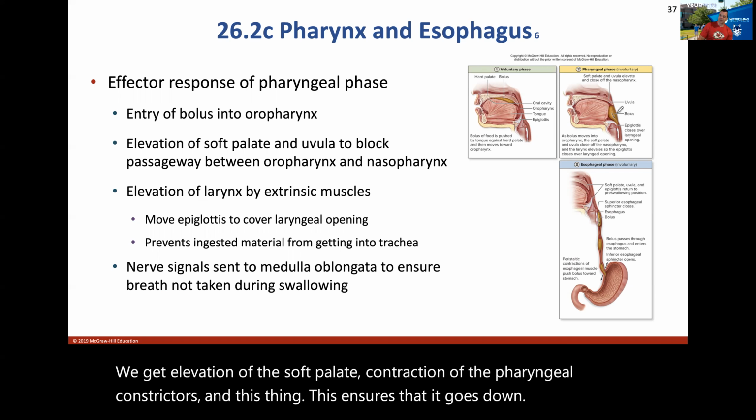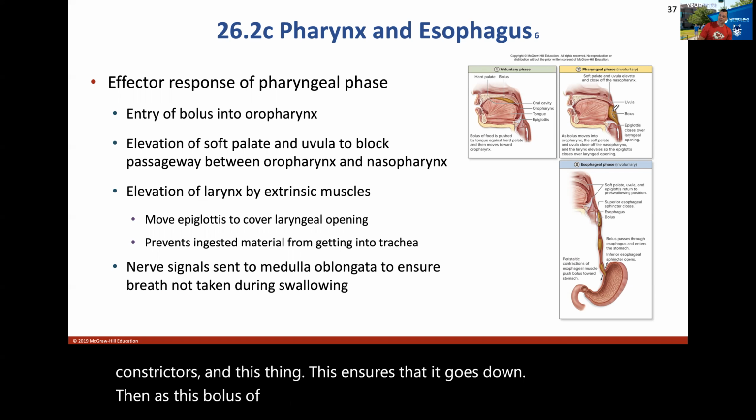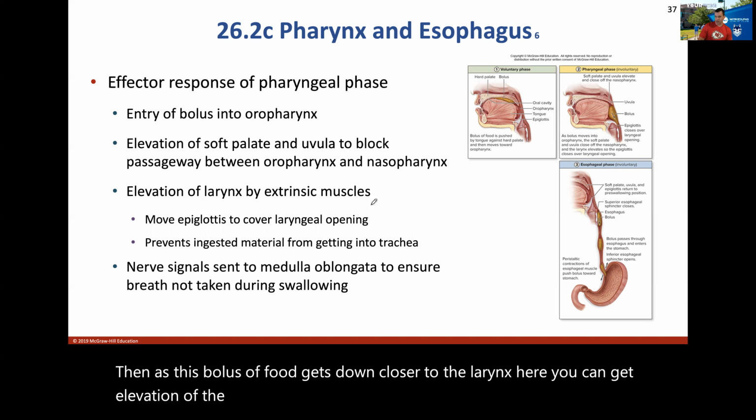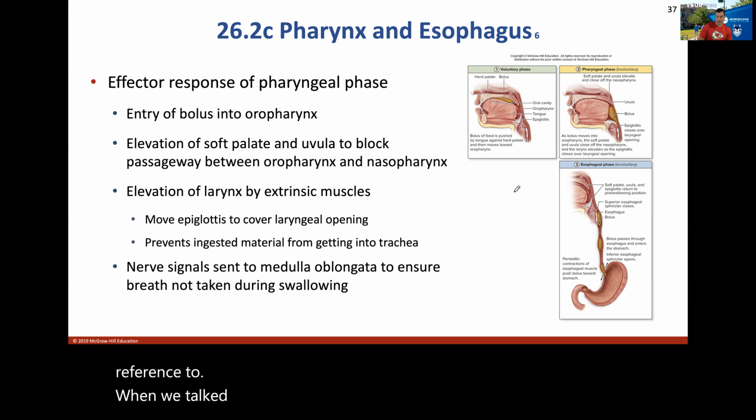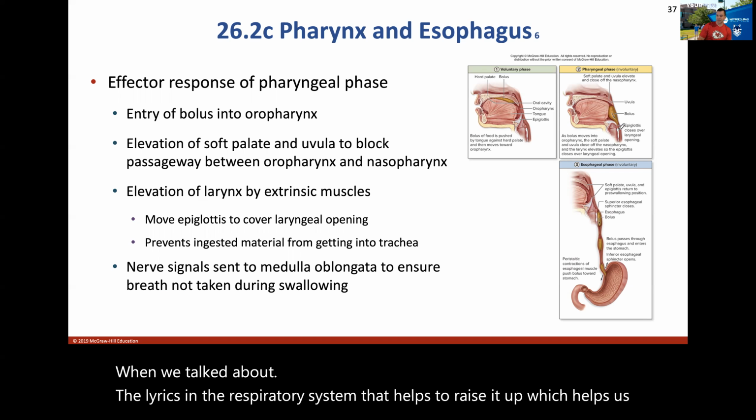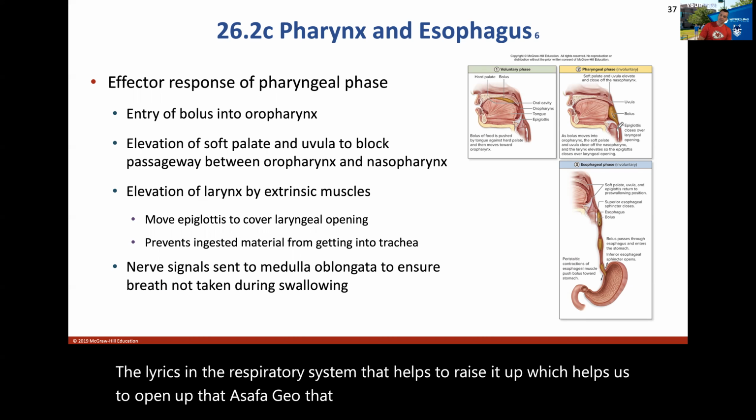Then as this bolus of food gets down closer to the larynx, you can get elevation of the larynx from all those extrinsic muscles that we made reference to when we talked about the larynx in the respiratory system. That helps to raise it up, which helps us to open up the superior esophageal sphincter.